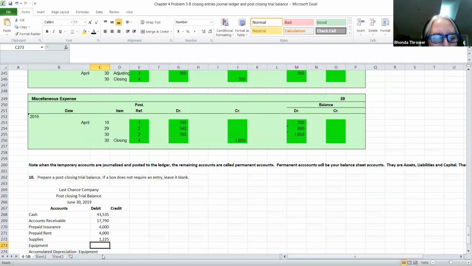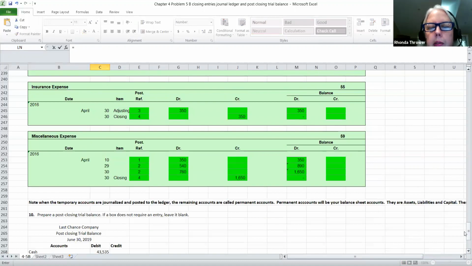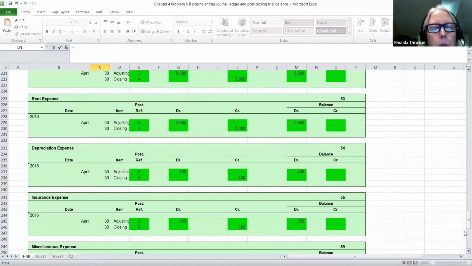When I get to my accumulated depreciation, well, I skipped equipment. So let me go to equipment. It's that asset account. It should also have a debit balance. So let's not skip any of these. It's almost through here, class.